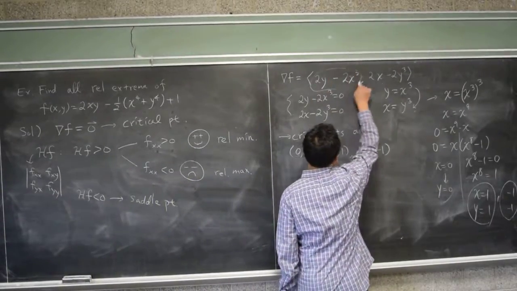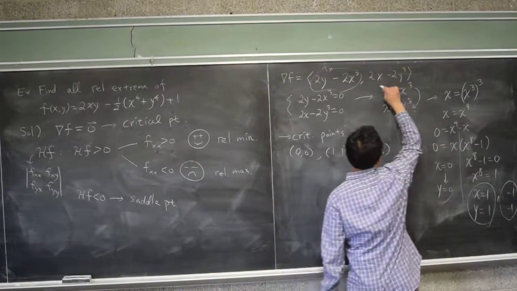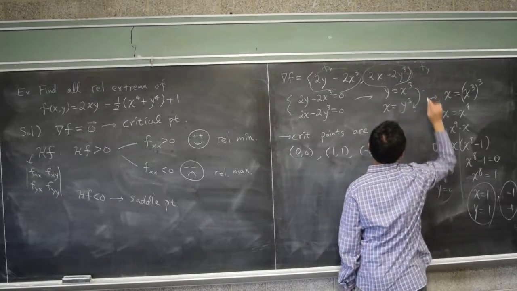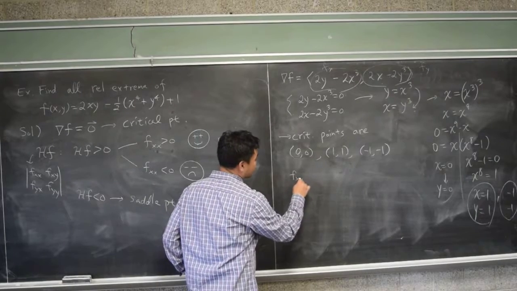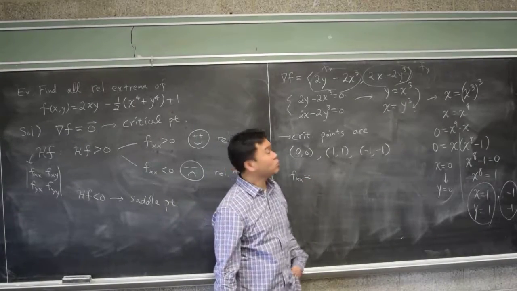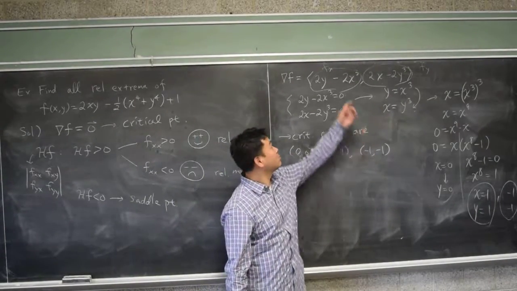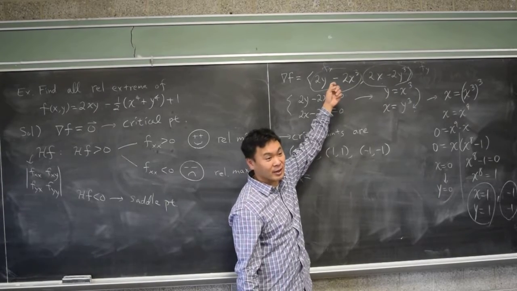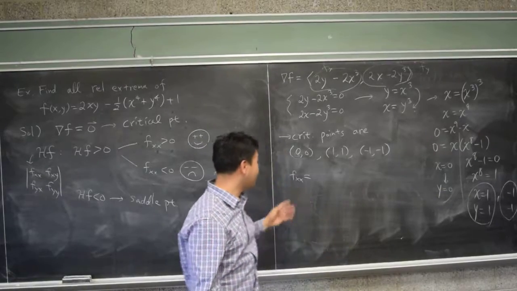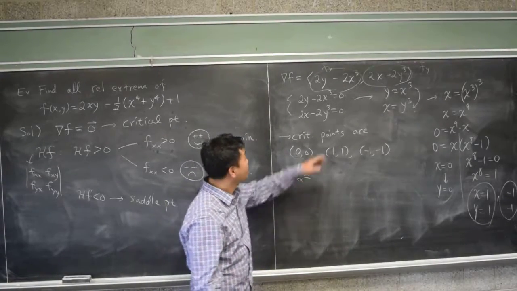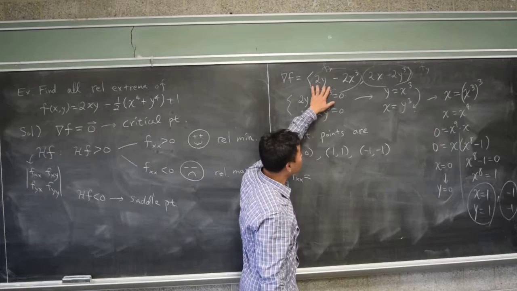All right, what is this again? This is f differentiated by x. That's f differentiated by y, right? So if I want fxx, which one do I differentiate by? The first one. By x. If I differentiate this by x, I get fxx, which is differentiating 2y by x, you get 0.